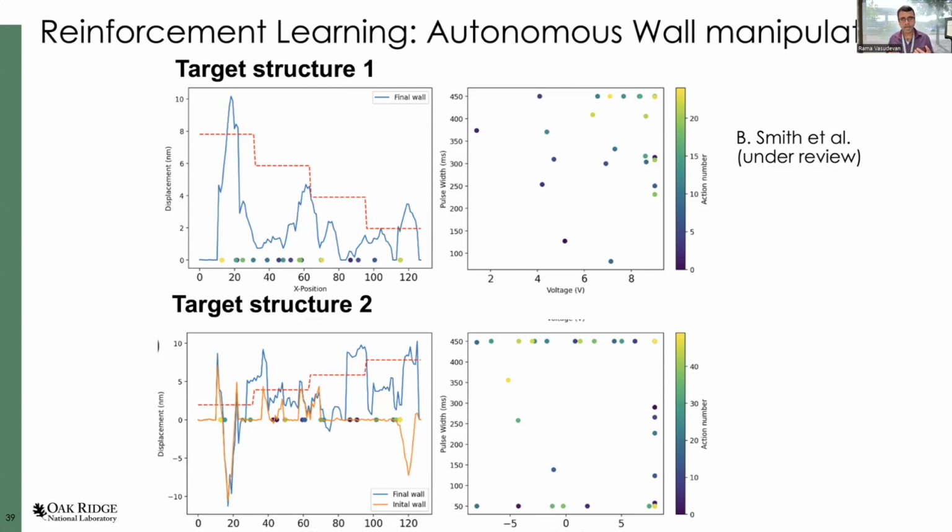And so being able to have an agent do this in an automated way can really allow us to use reinforcement learning to maximize particular kinds of target properties. Let's say that instead of using the reward function as some kind of structure of the domain wall, we can instead maximize for some property of the domain wall. Let's say that we're trying to find the kinds of wall structures that give us the most elastic softness.